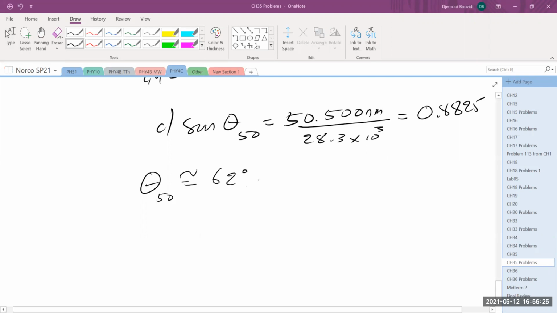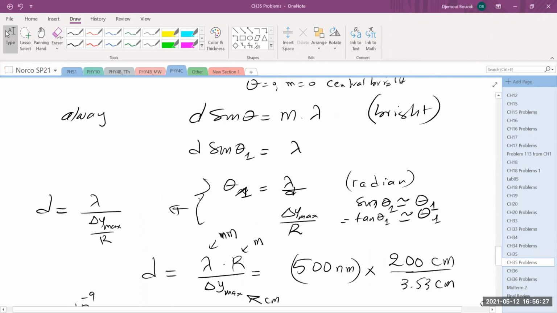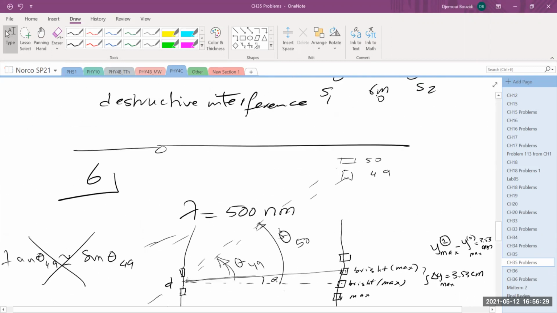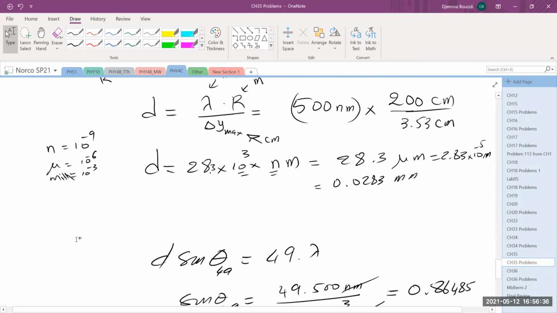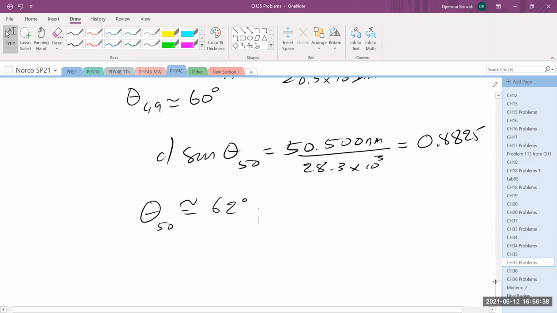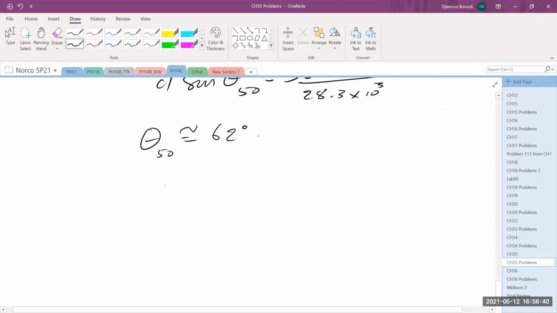Okay, both of these angles are big angles as expected, and I cannot say that their tangent is the same as their sine. That's not going to work. And we're supposed to find the distance, actually, y of 50, and y of 50 is equal to r times tangent of theta 50.